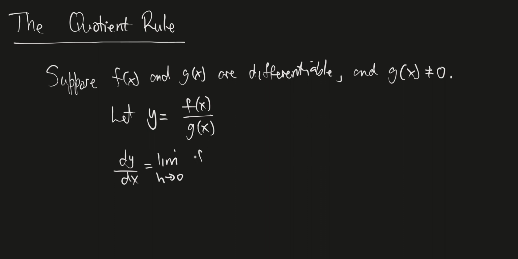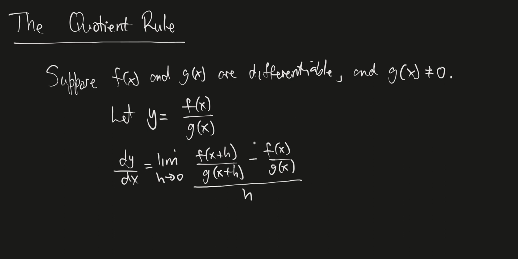So now it's going to look like this: f of x plus h over g of x plus h, and then I have to minus the function, which is now f divided by g, so f of x divided by g of x, and all of that still has to be over h, right? So this is our limit definition. This is how it's set up when we have this quotient, this fraction, all right?